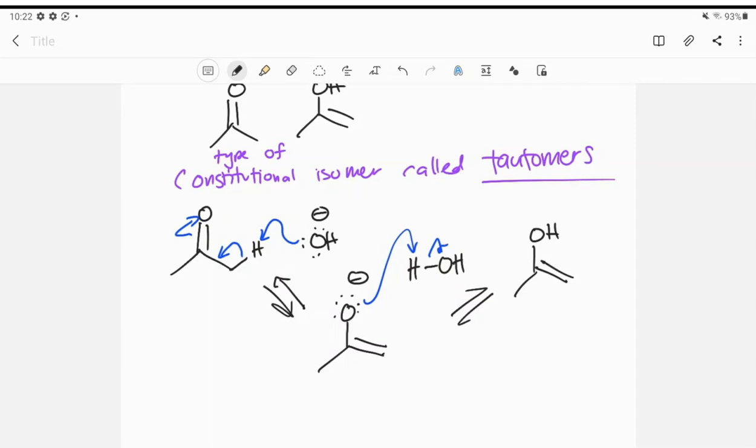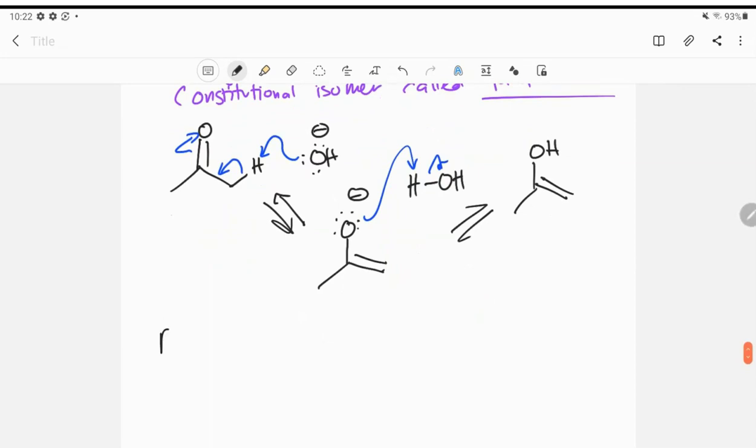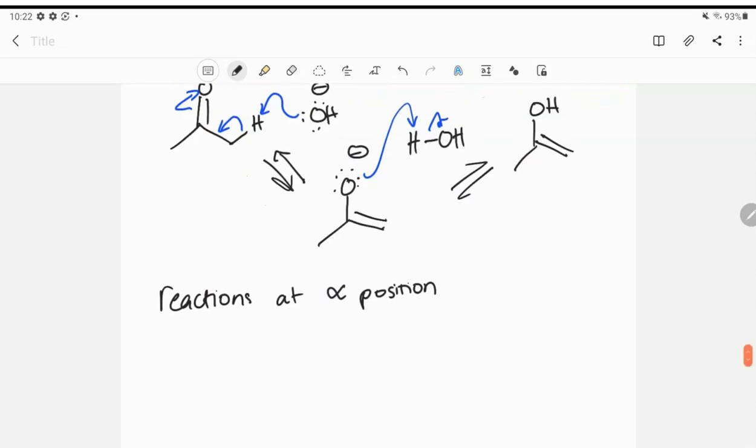All right, let's talk about them. Let's talk about reactions at the alpha position. And the first one will be halogenation.